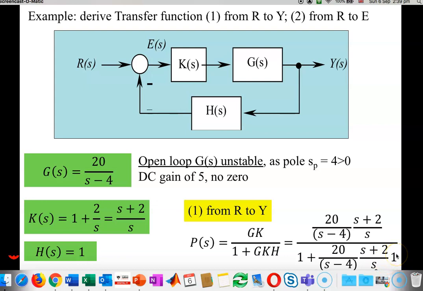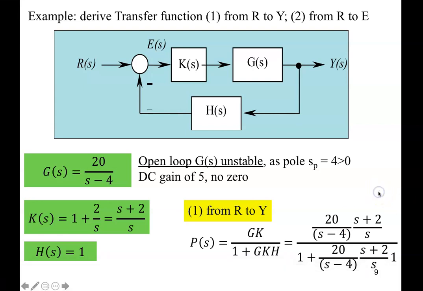Of course, that's not the end of it, because this looks quite complex. We have fractions inside of fractions, which is not what we want, so we need to get rid of that. That's what my next slide will show.